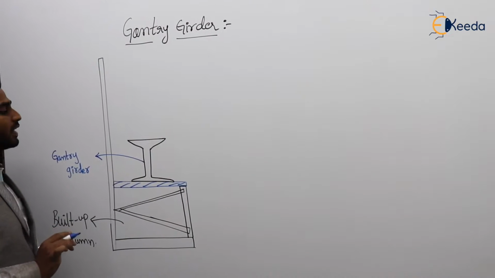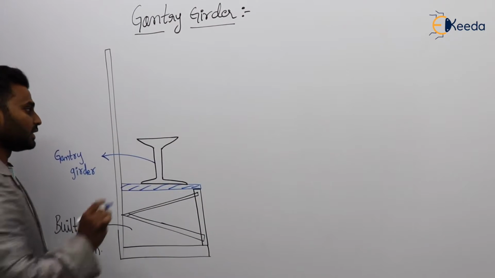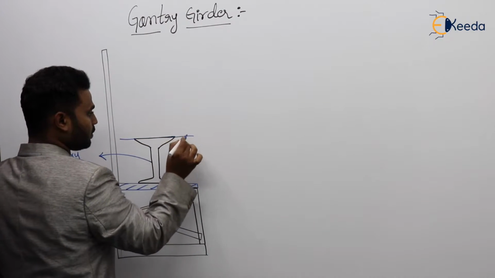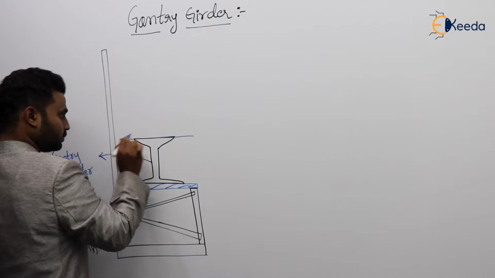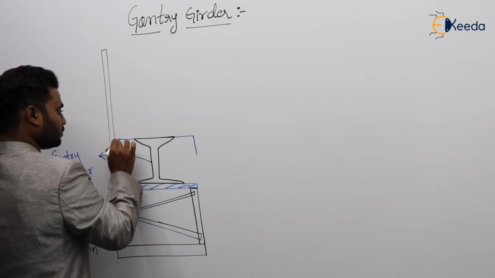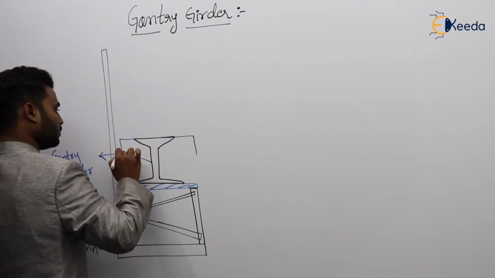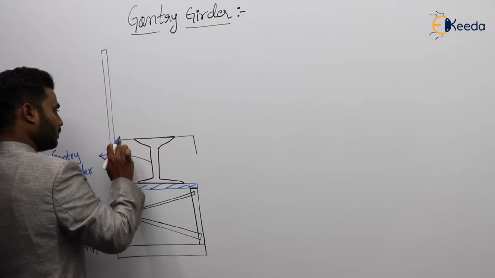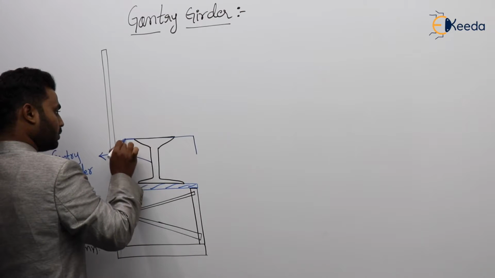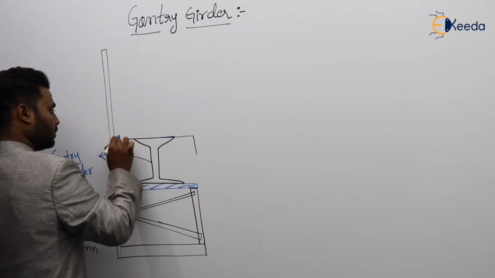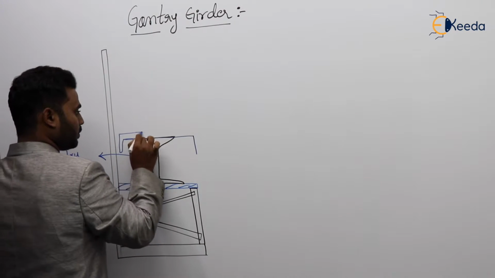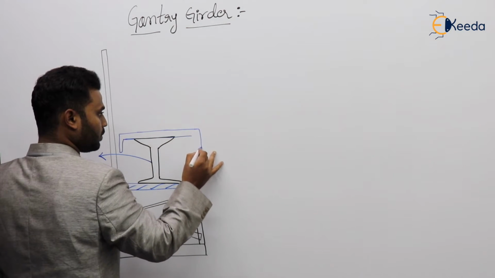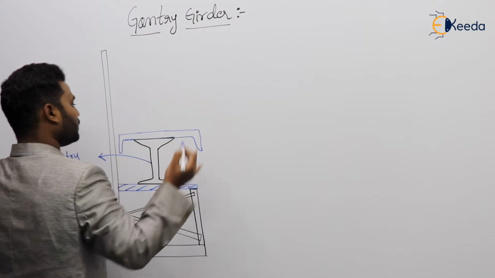On the top of the gantry girder, we are going to provide a channel like this. So this is the channel.